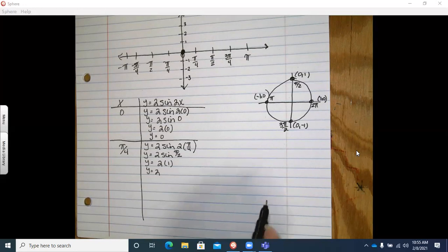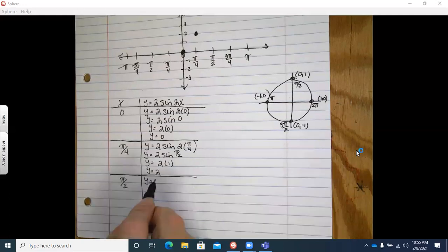Now I'm going to see when x is pi halves. So we have y equals 2 times the sine of 2 times pi halves. Lag time is awful in this video.